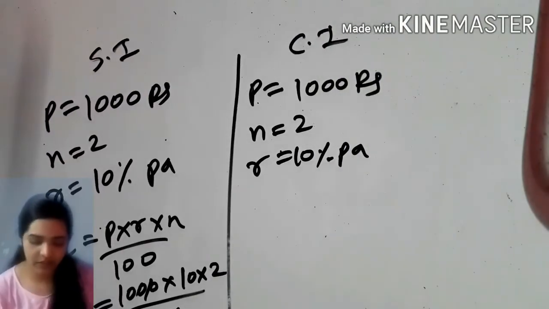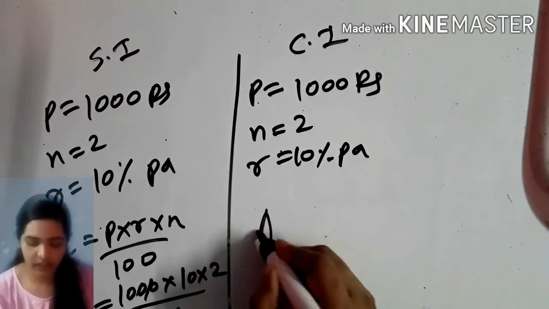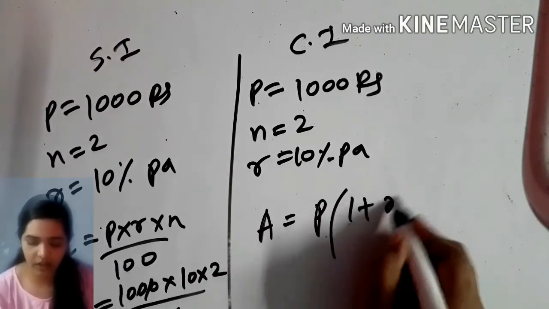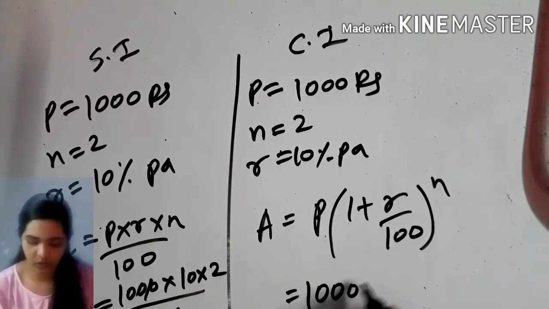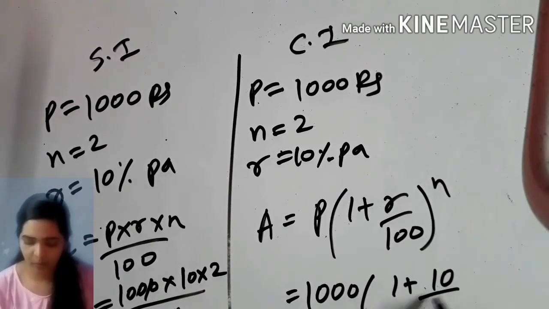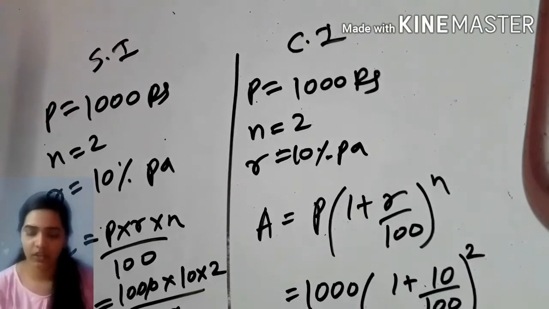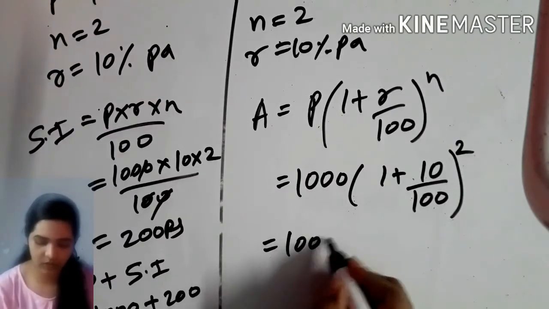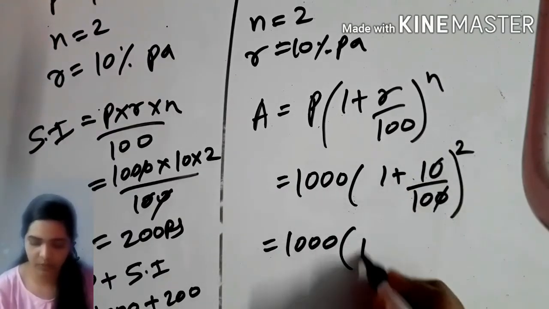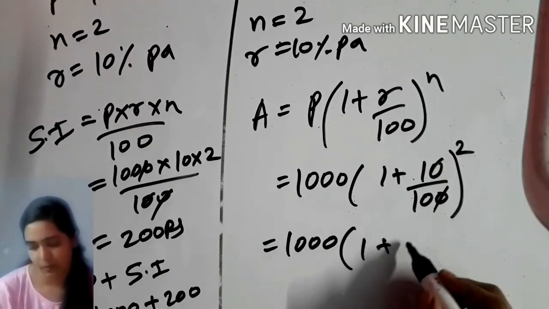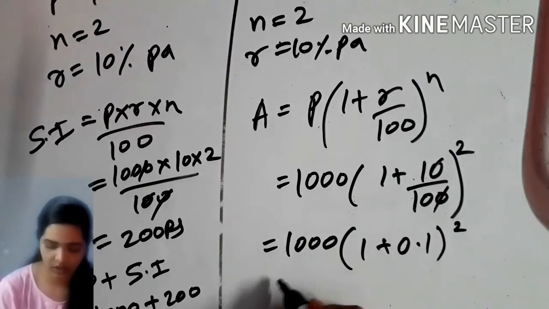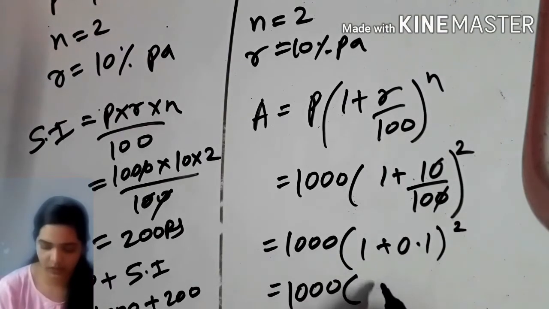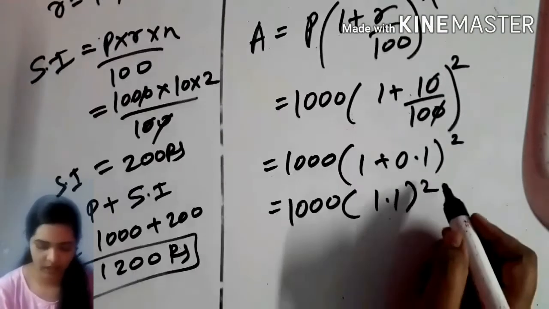Now for compound interest, let's check. A is equal to P into 1 plus R upon 100 raised to N, 1000 into 1 plus 10 upon 100 squared. So 1000, it is 1 plus 0.1 squared, 1000 into 1.1 squared.